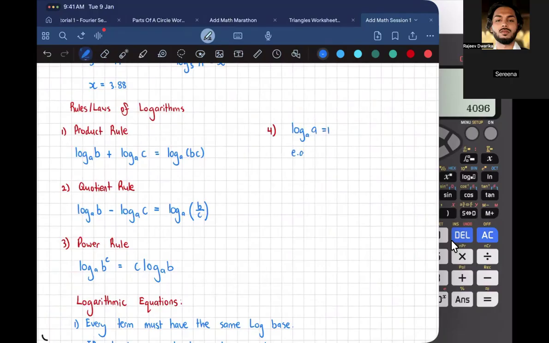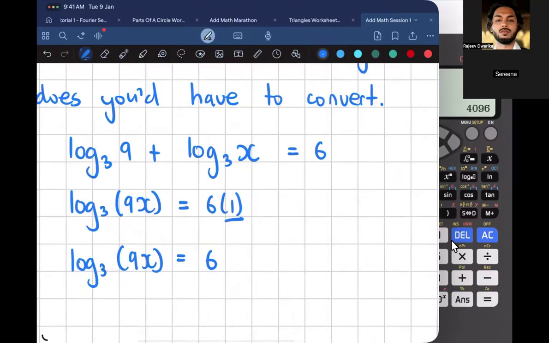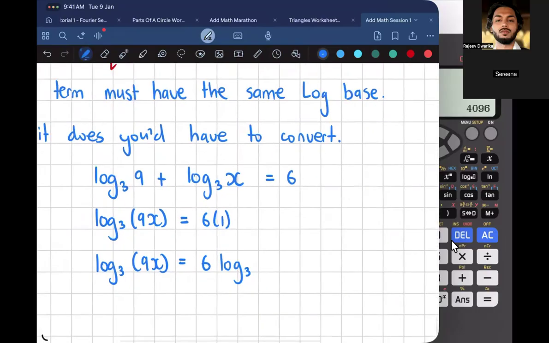An example would be, again, log base 8 of 8 is equal to 1 because you'd have to raise 8 to the power 1 to get 8, right? So what's another way to write 1 in terms of log base 3? Log base 3 of 3. Exactly. If you have a base of 3 and you want to get 3, you would have to raise 3 to the power 1 to get 3.